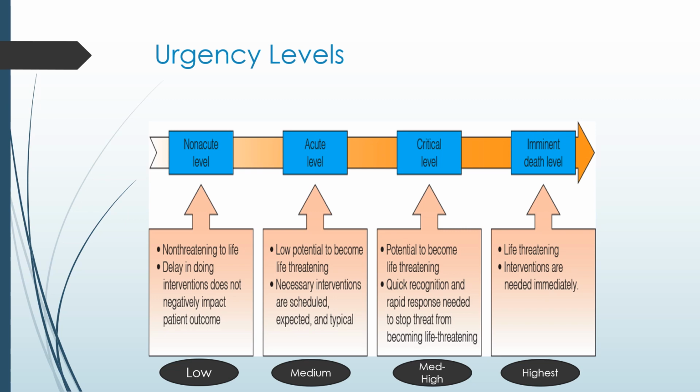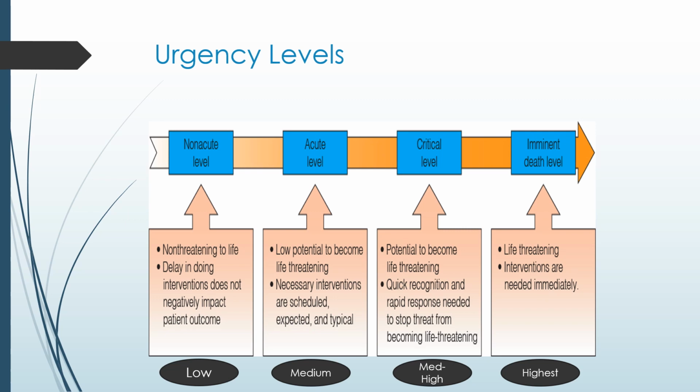I'm expected to pass medications such as vitamins or a stool softener. So you understand what I'm saying? I have a schedule to pass those medications, but they're typical. They're not going to become life-threatening, okay?